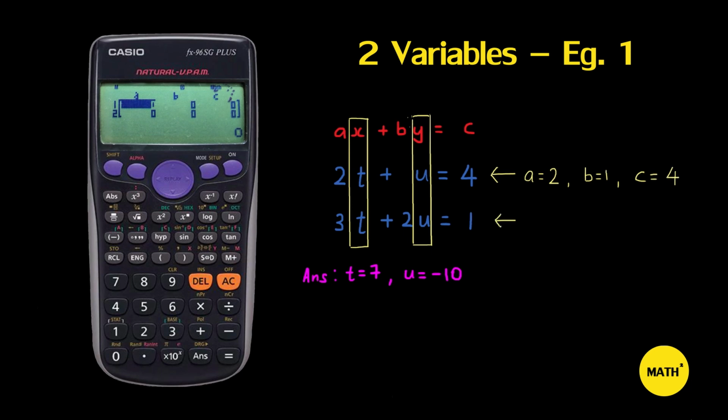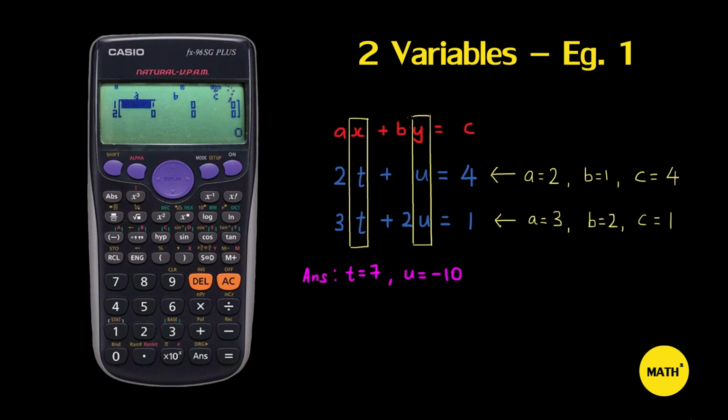While for this equation, a is equal to 3, b is equal to 2, and c is equal to 1. So here we key in 2t plus u equals 4 into the first row on the calculator, and 3t plus 2u equals 1 into the second row.